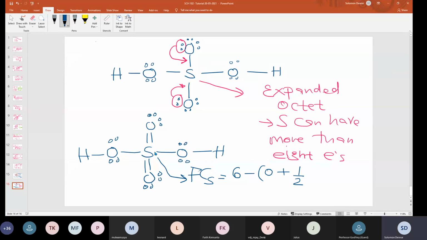We have 6 bonds, 6 times 2 is 12. So when you calculate this using mathematics you've learned in preschool, you'll find the formal charge on the sulfur is 0. Then all the atoms in sulfuric acid are neutral. So this is the Lewis structure for sulfuric acid.